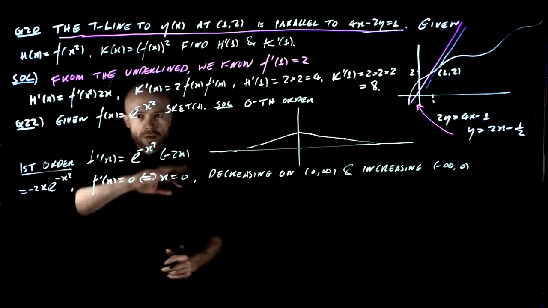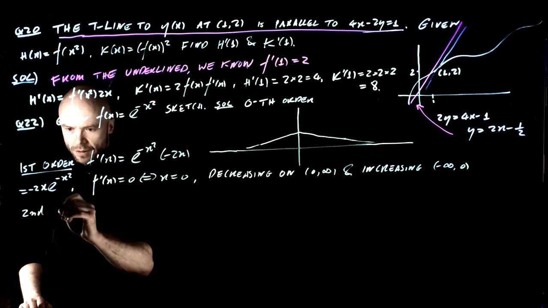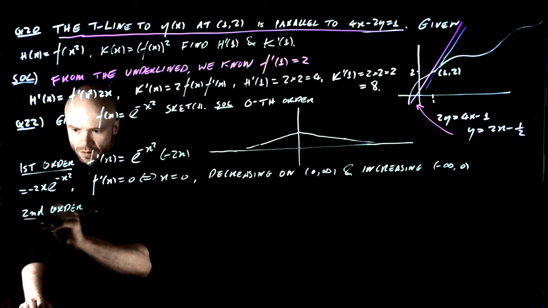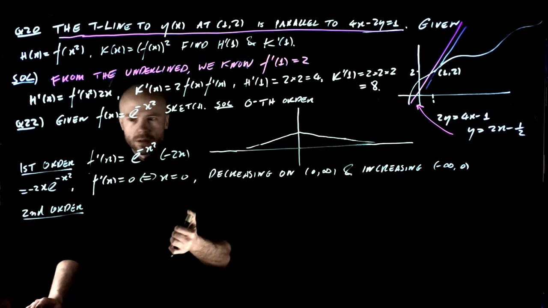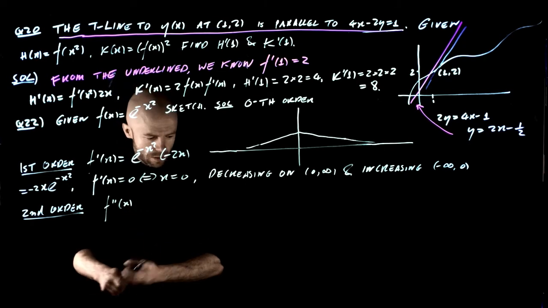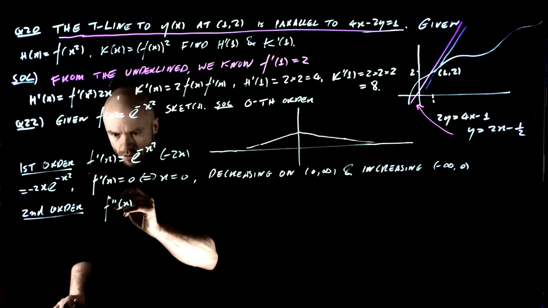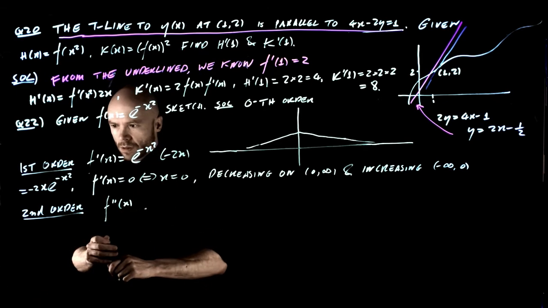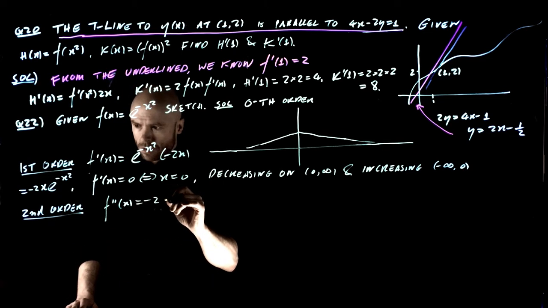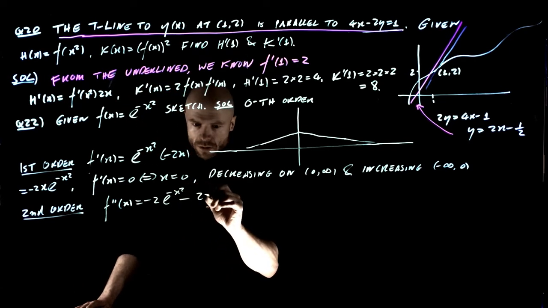and now intervals of concave up and concave down, and we're just going to differentiate again. So this is now the second order info. And we differentiate again. So it's a product rule. Differentiate the first guy, leave the second guy alone. Leave the first guy alone.